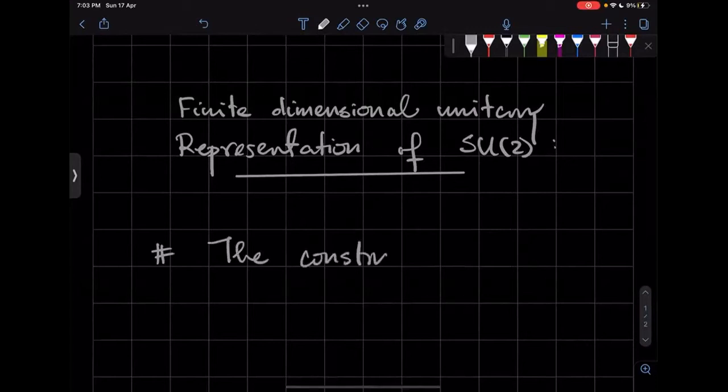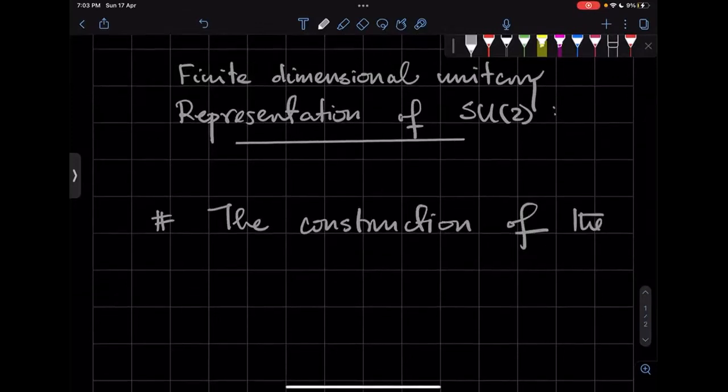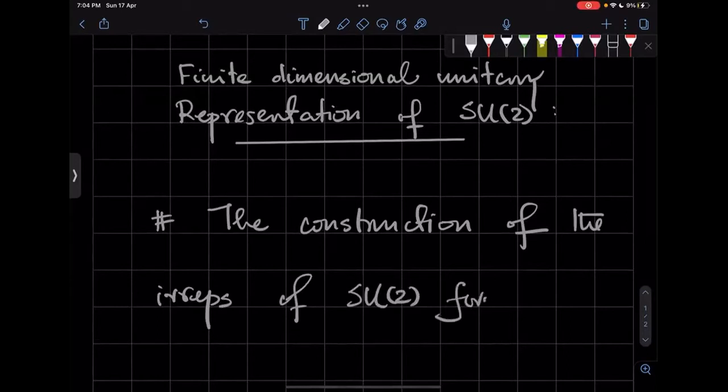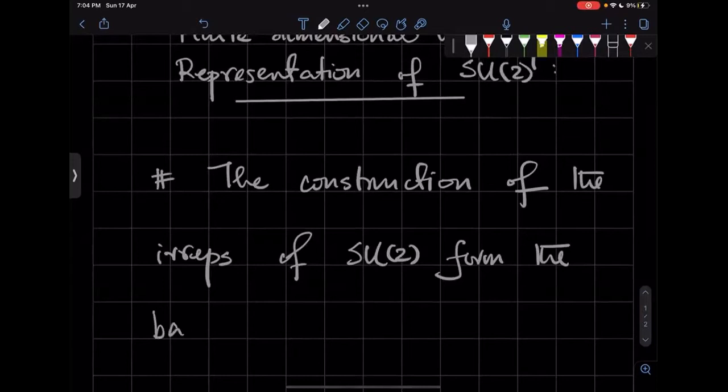The construction of the irreducible representations of SU2 forms the backbone of representation theory.